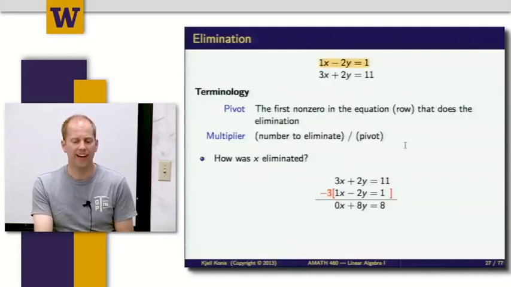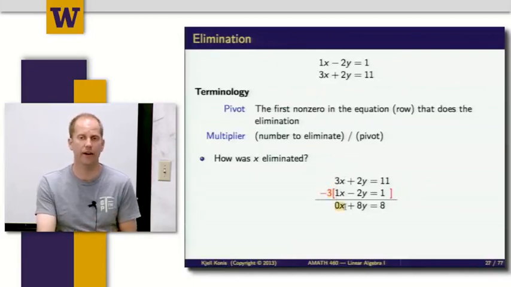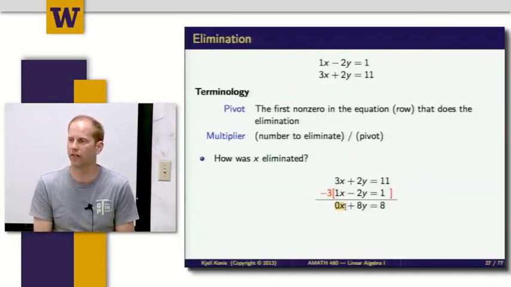And then I'm going to add that to the second equation, the equation where I'm trying to eliminate a number. If you see what happens when I multiply negative 3 times 1x, that's going to give me minus 3x. And then when I add 3 plus negative 3, that's going to give me 0x. So that's what I mean by elimination. I'm eliminating the coefficient on the x in the second equation.